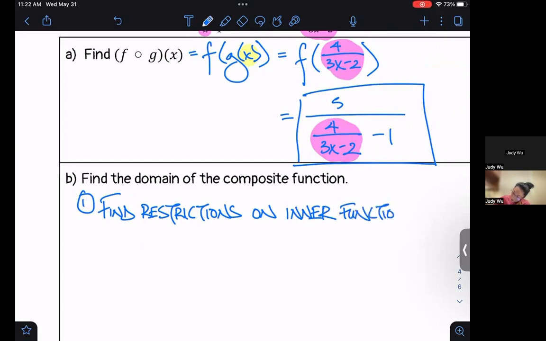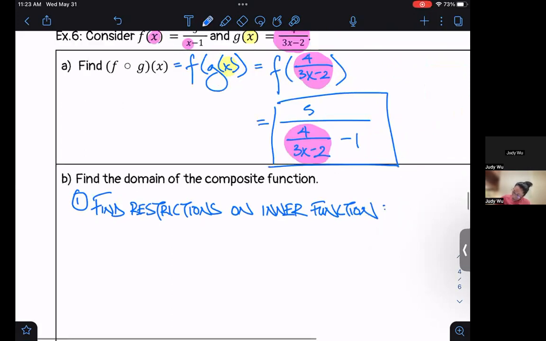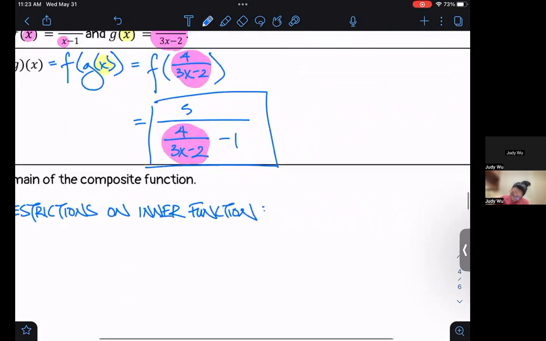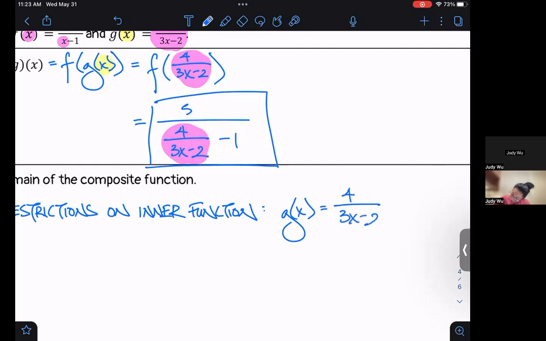In other words, which function did we put inside the other one? In this case, g of x is our inner function. So we're looking at restrictions on g of x equals 4 over 3x minus 2.